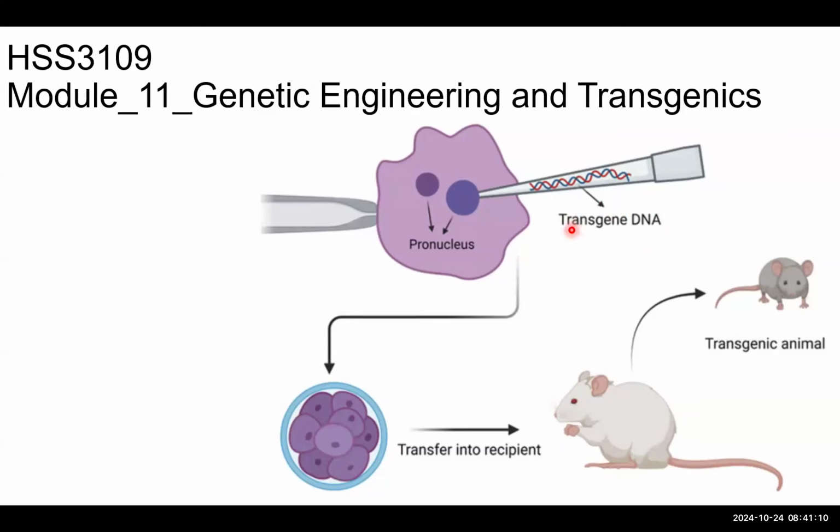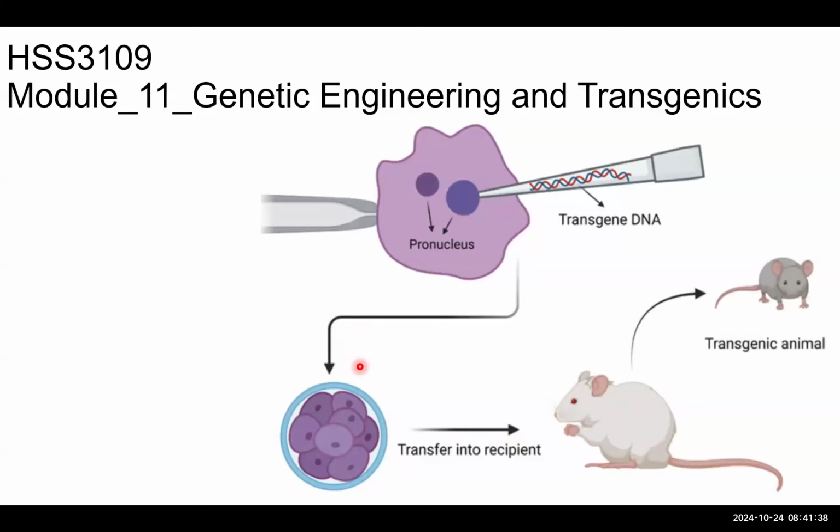And then we have to find a way to deliver that DNA into the genome of all the cells in the transgenic animals. So first we have to construct the DNA, and then we have to insert it in a way to all the genome of the animal.